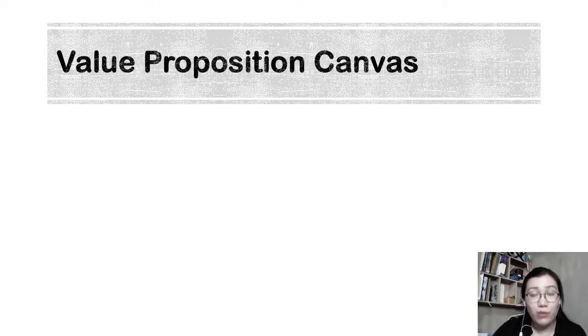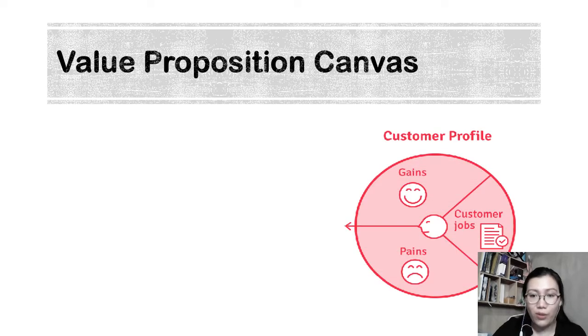So the Value Proposition Canvas has two sides. First is the customer profile. It is where you clarify your understanding of the customer. It describes a specific customer segment in your business model in a more structured and detailed way. Here, you do not deal with the product, but only with the end user's challenges.